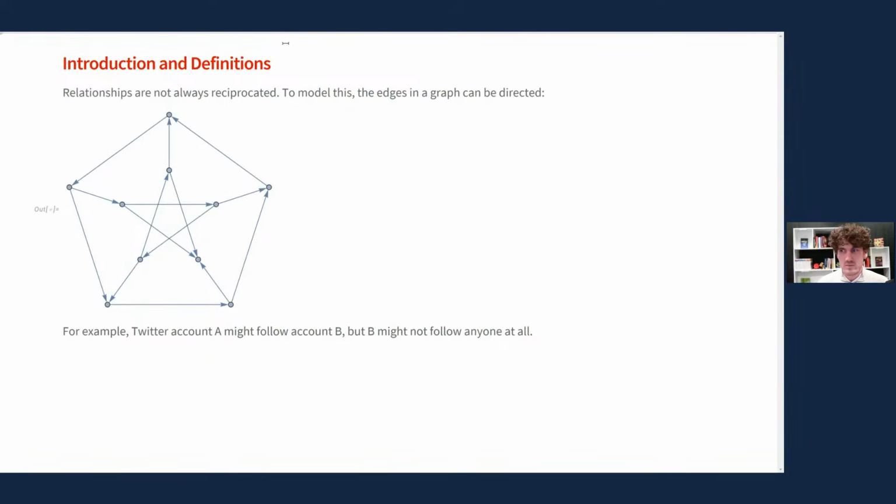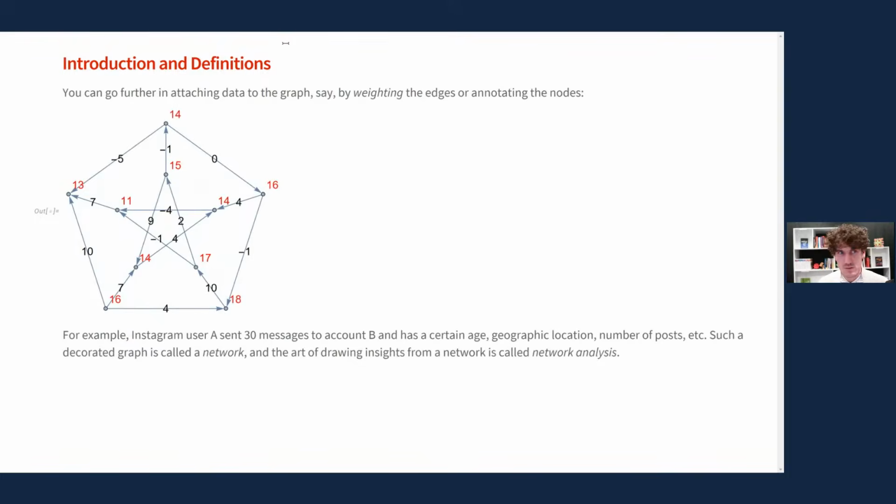Now that we've got graphs and directed graphs, let's look at networks. Here we've just assigned some random numbers to the nodes and edges. The red numbers are at the nodes and the black numbers are at the edges. What we say when we do this is that we are weighting the edges or annotating the nodes. The weights on the edges could represent some kind of indicator of traffic, like 30 messages.